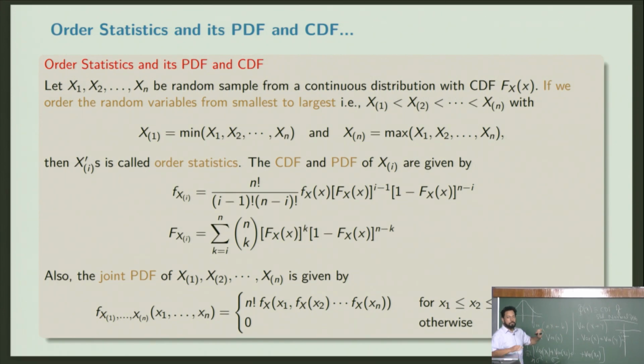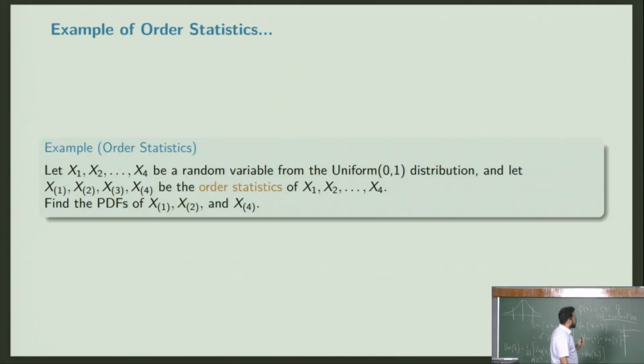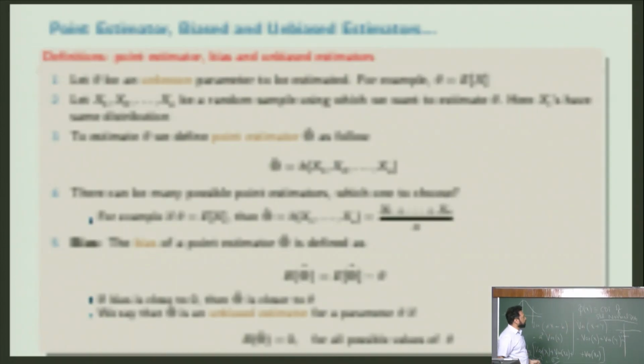This is called order statistics because there is ordering involved, and then we can write down the CDF and PDF. I won't spend too much time here. When it's needed, I will come back to that. The PDF and CDFs can be explicitly written in this way. So that's how order statistics could be defined. I will skip this for the moment.